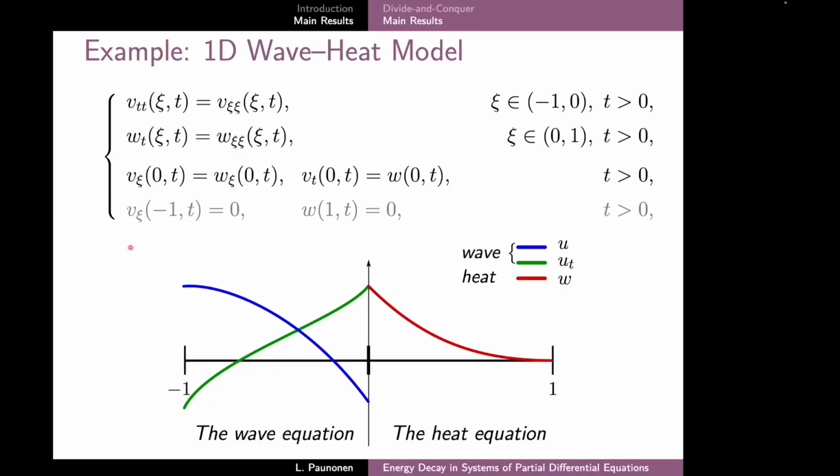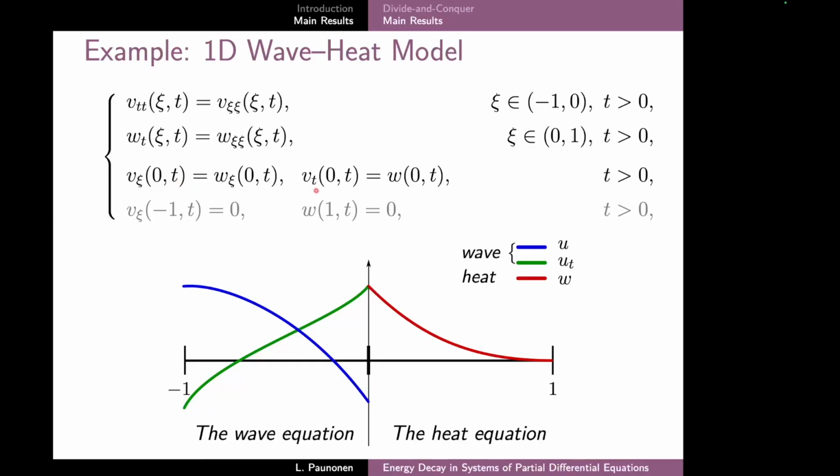And at the endpoints of the intervals, at -1 we impose a Neumann boundary condition for the wave equation, and at the other end, at point 1, we impose a Dirichlet boundary condition for the heat equation. And the most interesting part of the boundary of the domains is at the point 0, where the two spatial domains meet and the two differential equations communicate with each other.